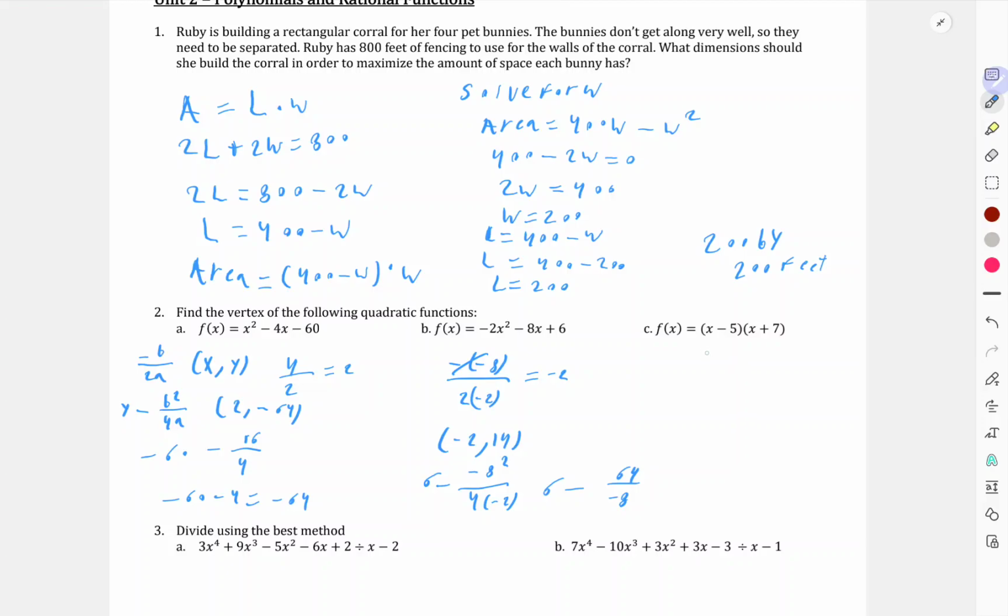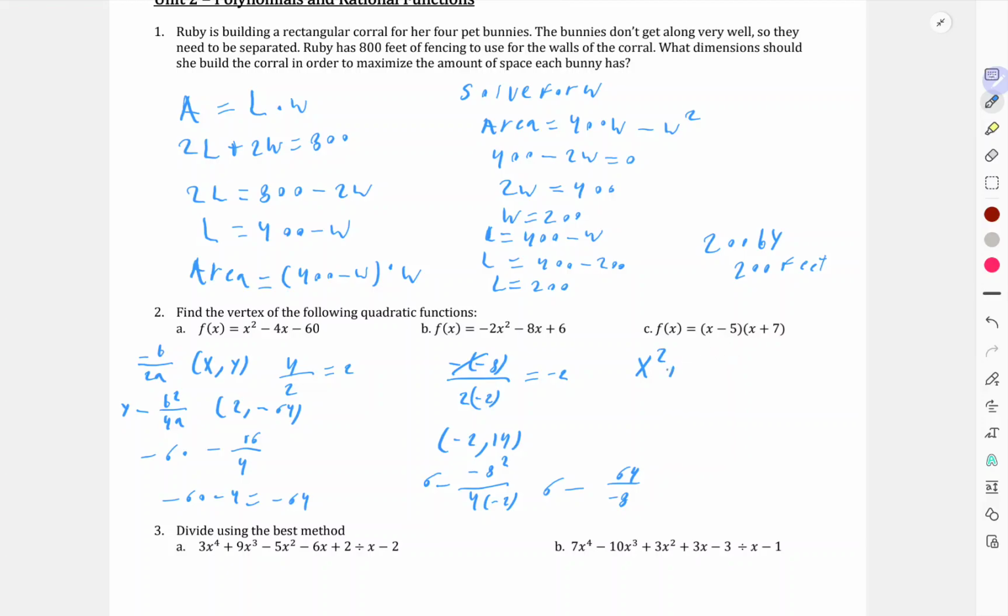This one, well, the vertex is kind of just written out. It's this and this. So we actually have to solve it, which is, not solve it, but turn it into x-intercepts. Actually, no, you can't do that. I'm sorry, I'm taking that back. You got to actually FOIL it.